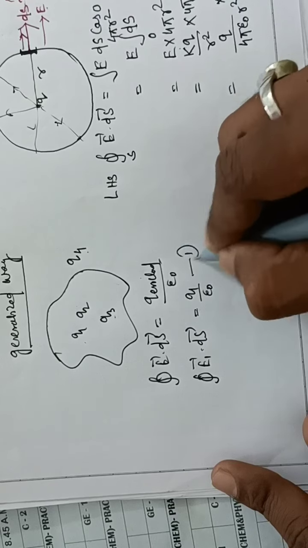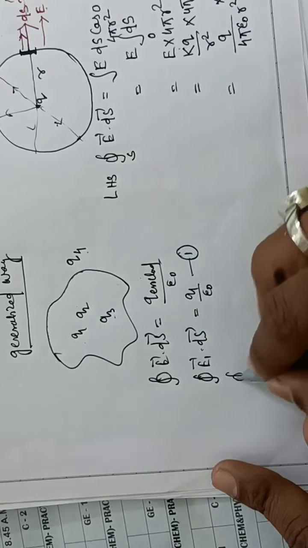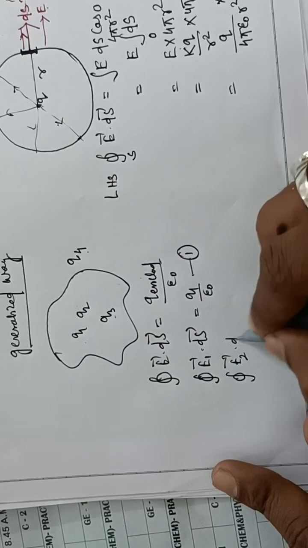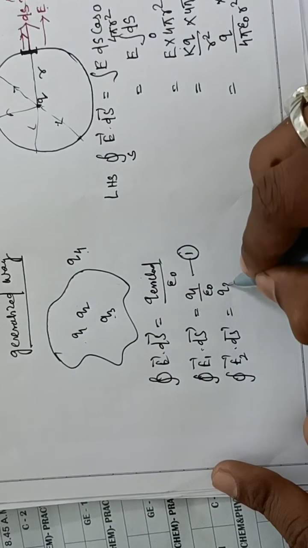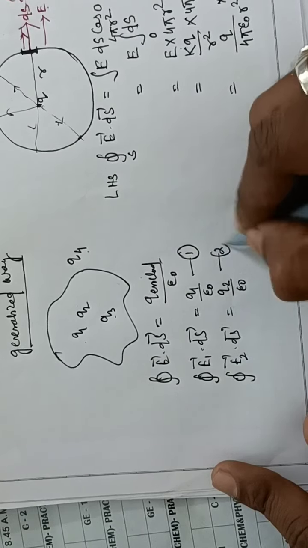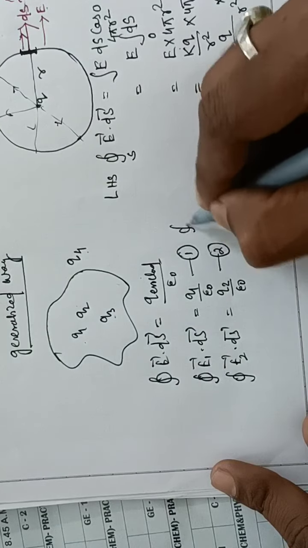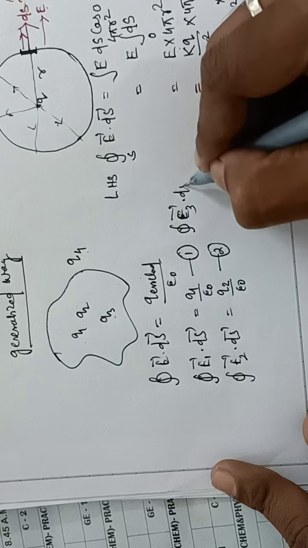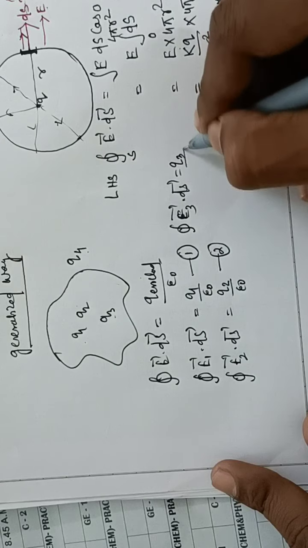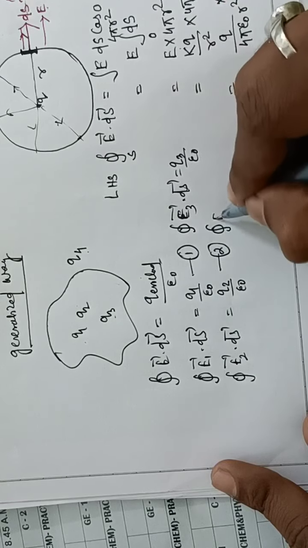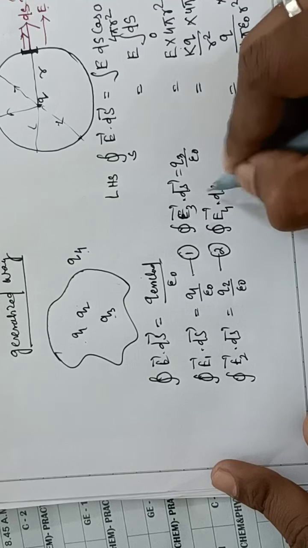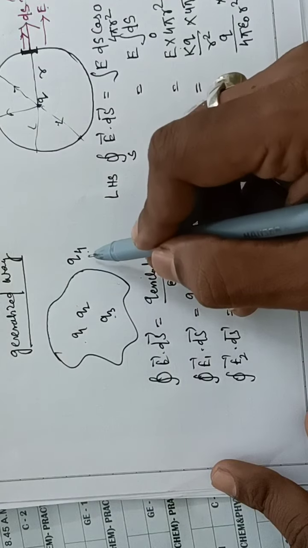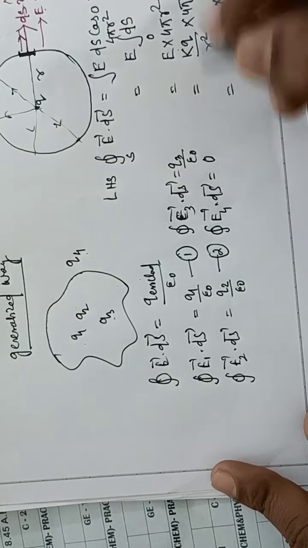This is equation 1. Due to q2, this is E2 dot ds equals q2 upon epsilon naught. This is equation 2. Similarly for the third charge, this is E3 dot ds equals q3 upon epsilon naught, and E4 dot ds, but no charge is enclosed, that's why this is 0.